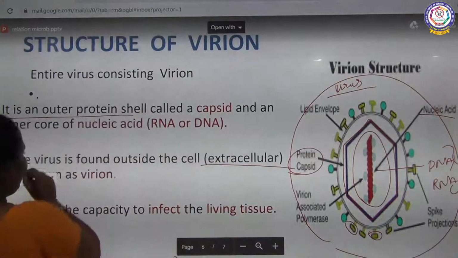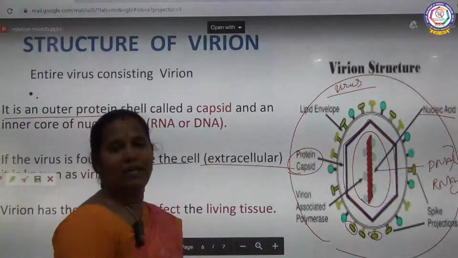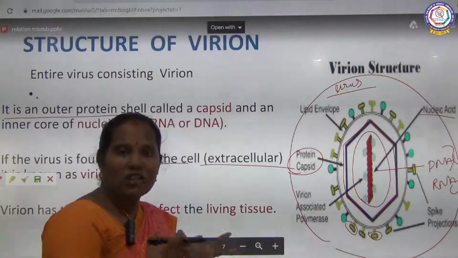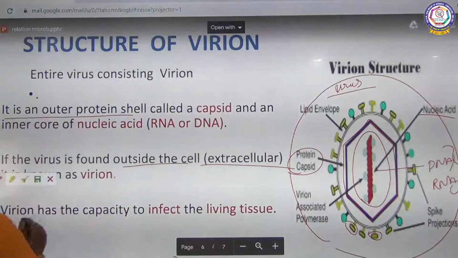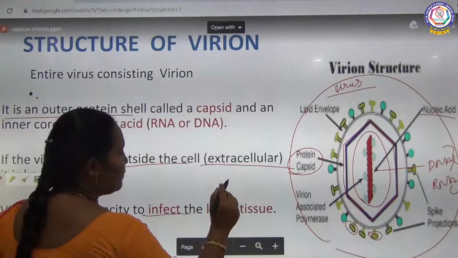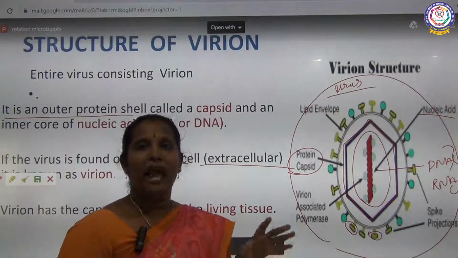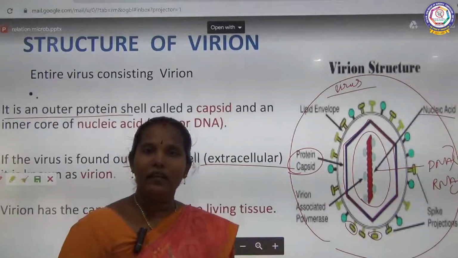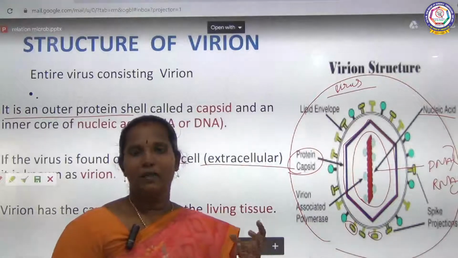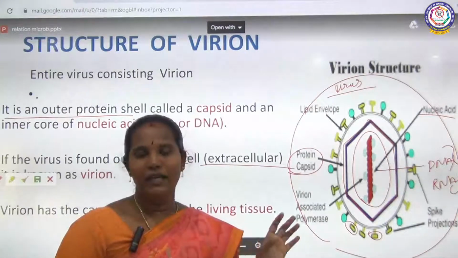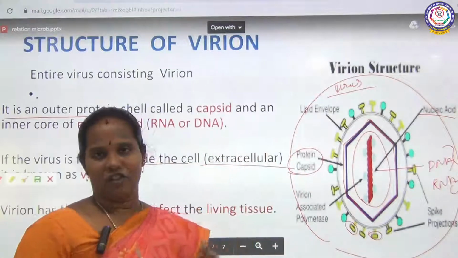If the virus is found outside the cell, in the extracellular form, it is called the virion. So the virion has the capacity to infect living tissues, meaning host cells will be affected. That is the effect of the virion structure.